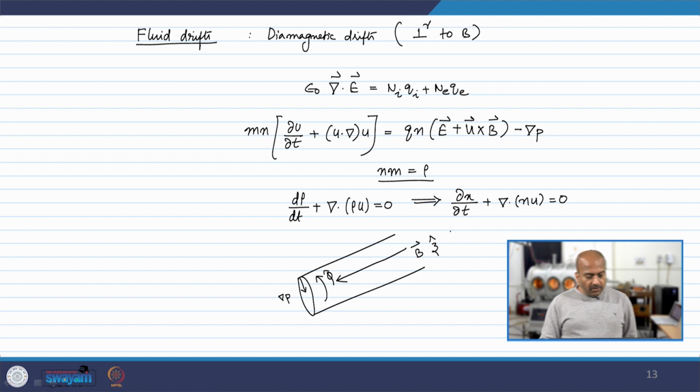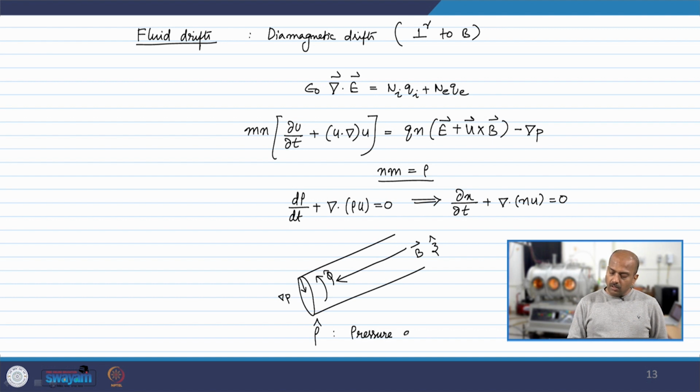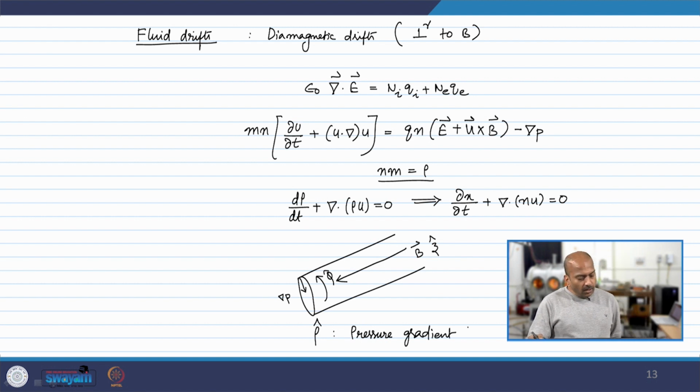So, the pressure gradient is towards the center of this cylindrical pipe, and the direction is rho cap, inwards. Rho cap is the direction of the pressure gradient. Now, let us try to calculate the fluid drifts which will arise perpendicular to the magnetic field. Now that we have set up the basic geometry to discuss the fluid drifts, we will take this discussion ahead in the next lecture.